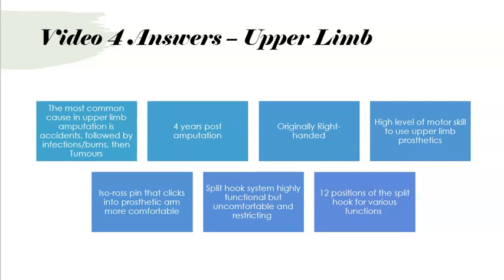There are 12 various positions that you can put the split hook in, so it's highly functional, and it doesn't require a huge amount of computing because it's all mechanical. So it's a very good bit of kit to give to patients in the developing world, for instance, rather than giving them a computer that will require significant maintenance.